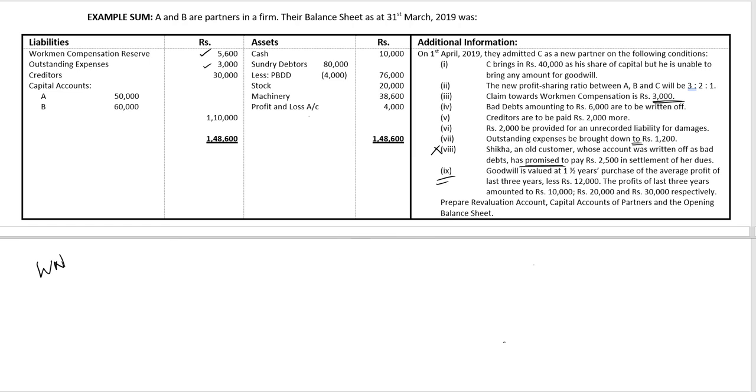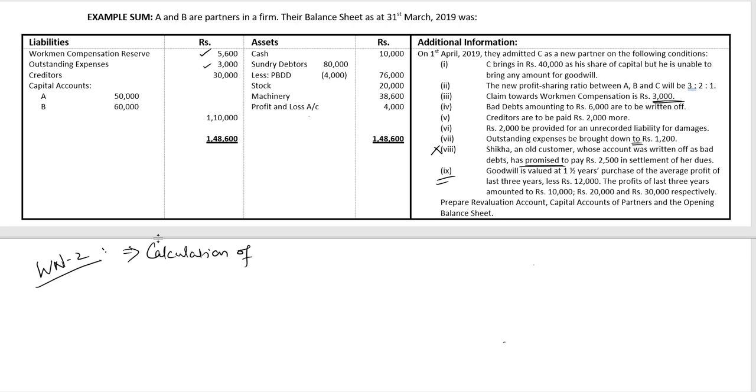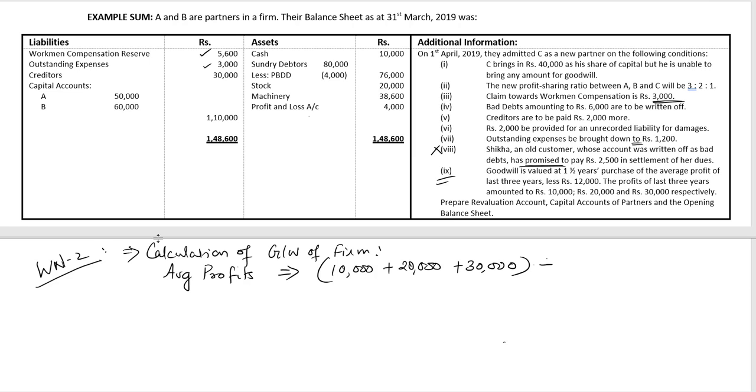We have the working note 2, calculation of goodwill of firm. Average profits is equal to 10,000 rupees plus 20,000 rupees plus 30,000 rupees divided by 3 years, which comes up to rupees 20,000.